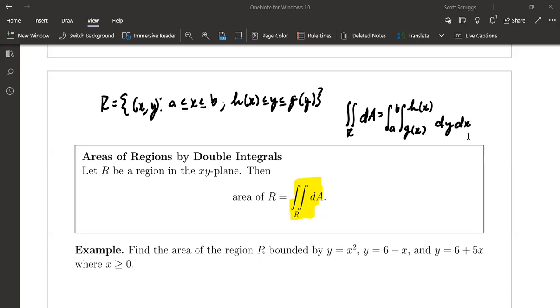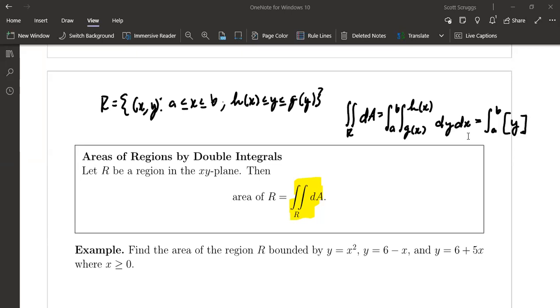If I evaluate this, first I integrate with respect to y. Because I don't have any variables inside, I'm integrating a constant, which will become just y.